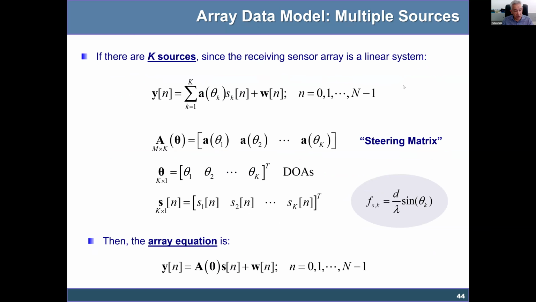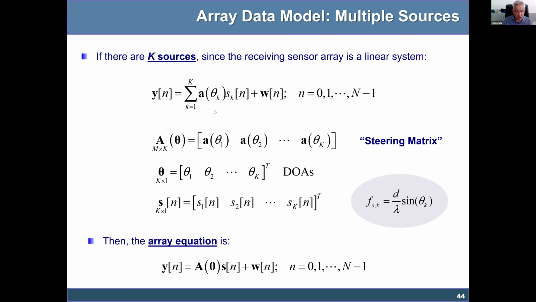Now, if you remember, we assume that the sensors are linear. So if instead of one source, there are k sources, because you can apply the superposition principle, if all the receivers are linear, if at the input of the array you have the superposition of the signals generated by k sources, at the output of the array, you have the superposition of the outputs.